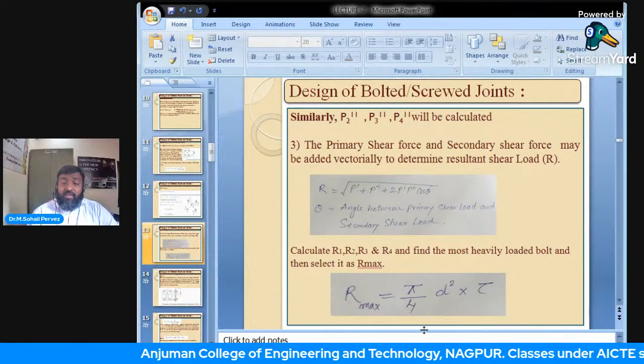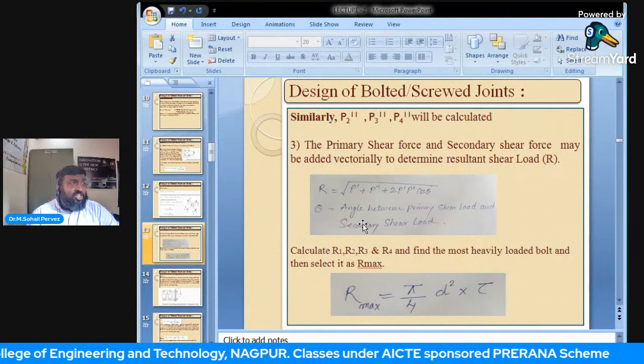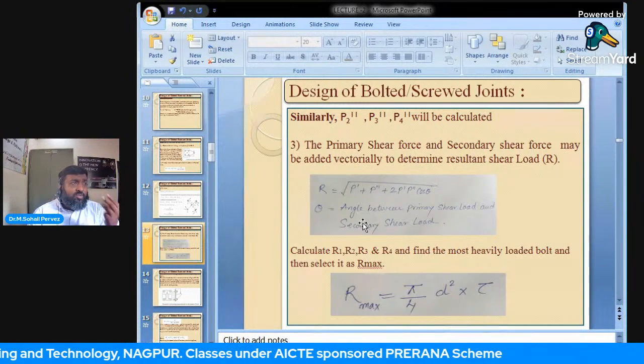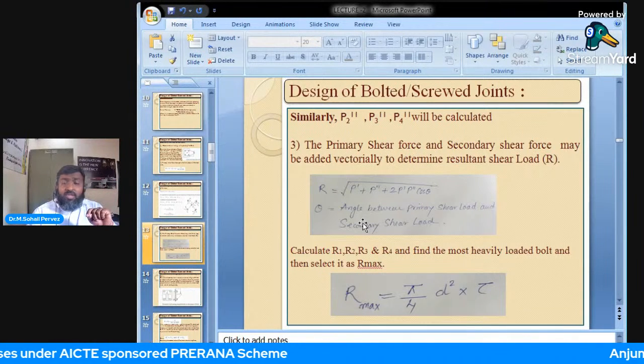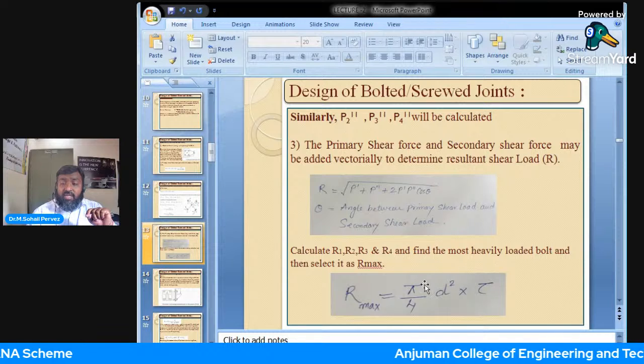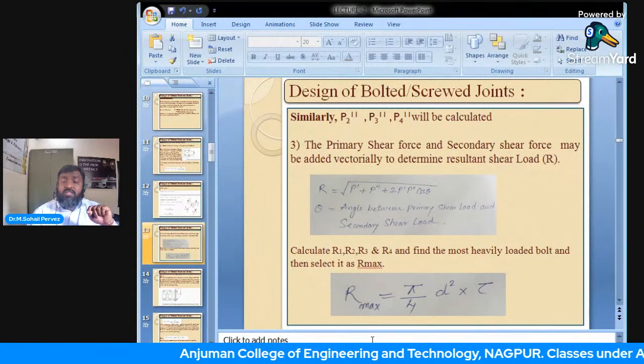So in this way, we will calculate the resultant shear load on each rivet 1, 2, 3, 4, and whichever may be the maximum, we calculate the diameter of the rivet or bolt using this relation.